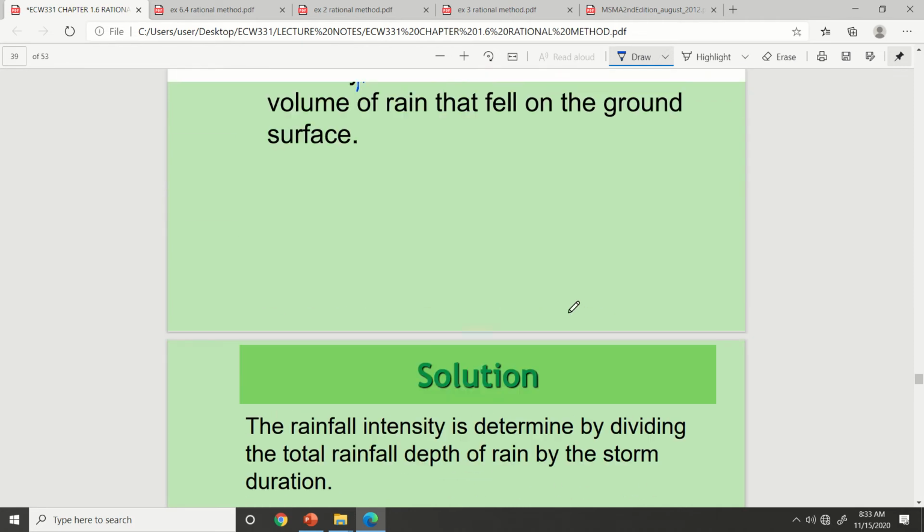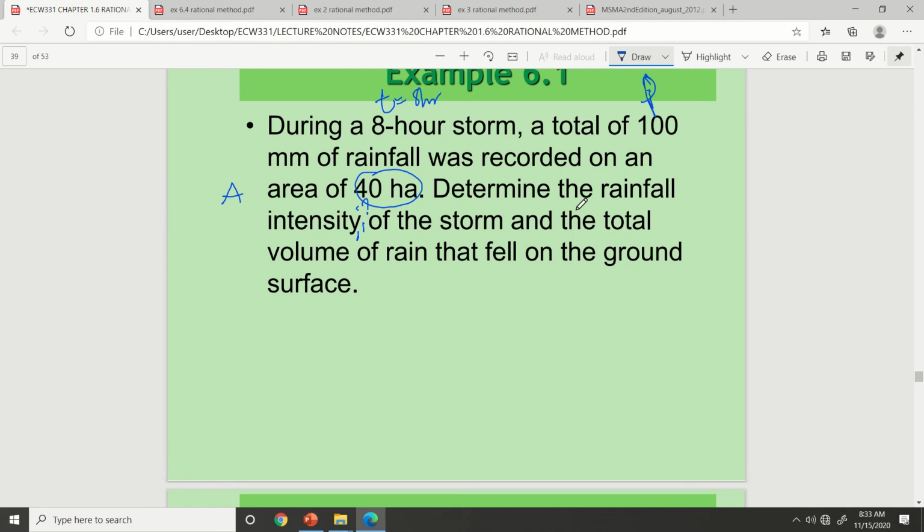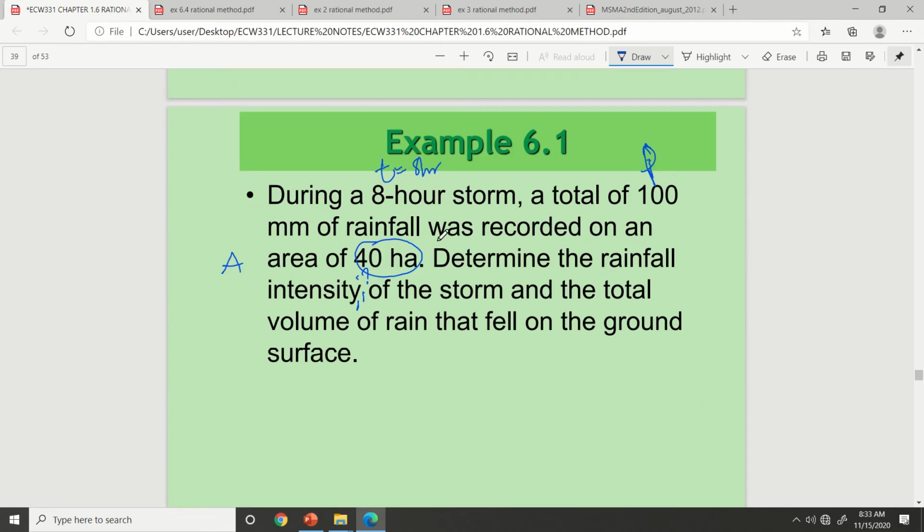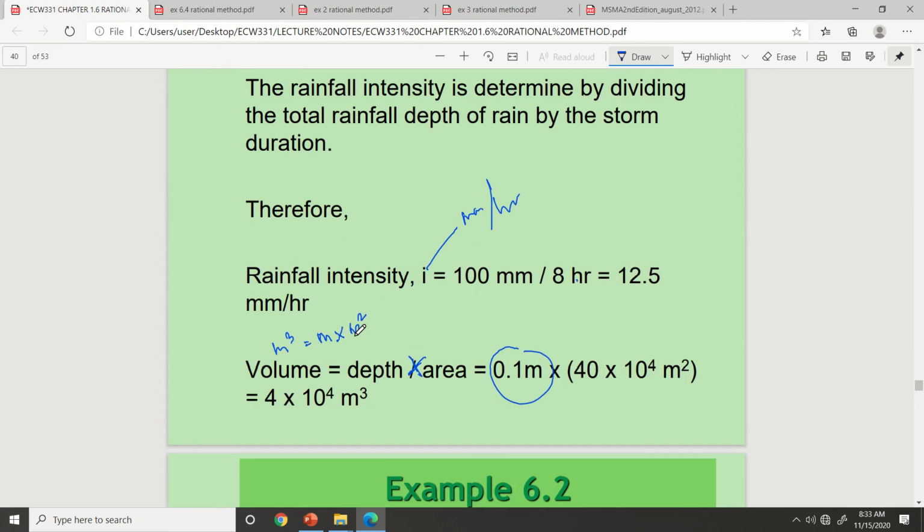Given depth 0.1 meter times area given 40 hectare. This one is depth, the 100 mm is the depth of rainfall, so convert into meter, 0.1 meter. So you get the volume.